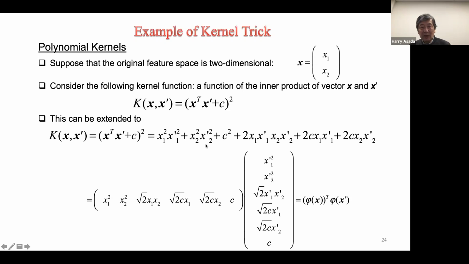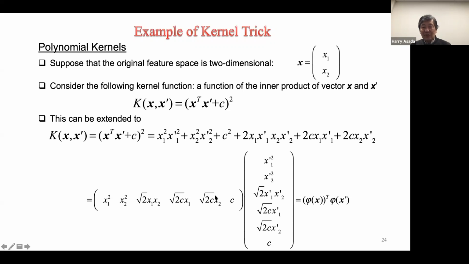And the third component is square root of 2 x1 x2 times square root of 2 x1 prime x2 prime. If you multiply these two, it becomes 2 times x1 x1 prime x2 x2 prime.